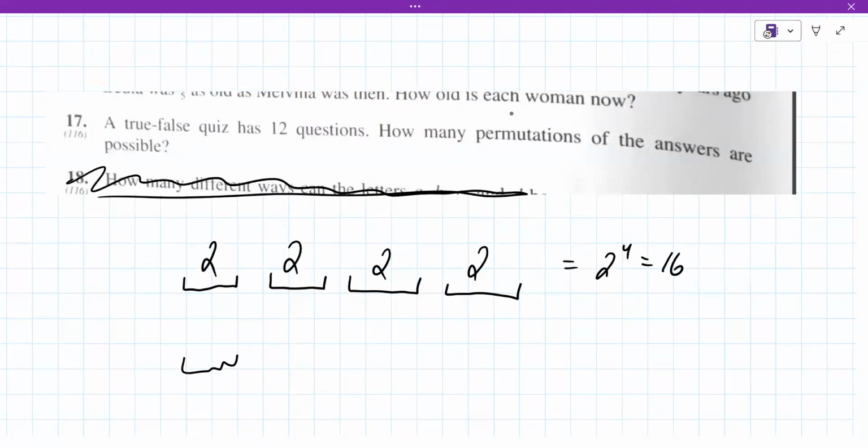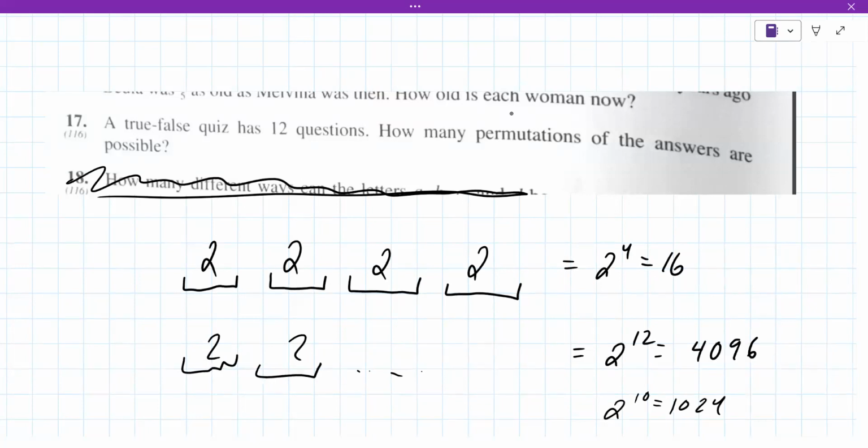In yours, it's 12, 2 to the 12, which is a lot. So 2 to the 12, you might remember 2 to the 10 is 1024, and then you're doubling that again. So 2048, 4096.